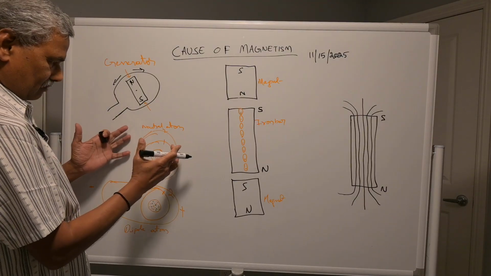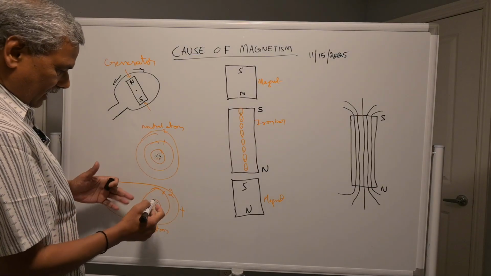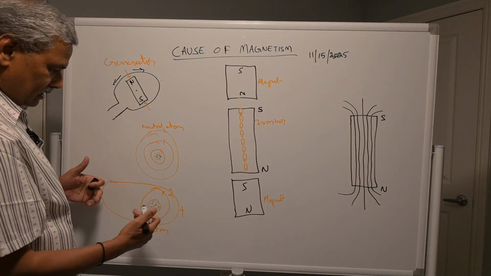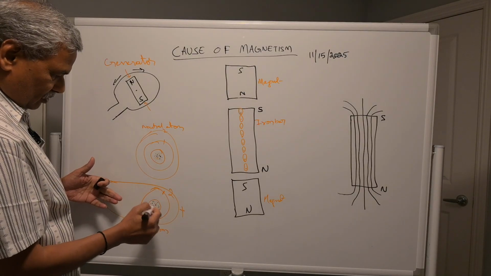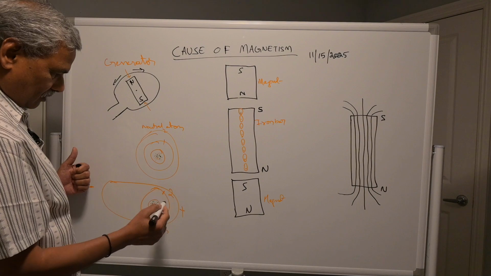These are almost like a neutral charge in here. But what happens when the outer shell gets deformed into an elliptical shape? The nucleus is here, the first shell is here, and then the second shell got deformed, right?